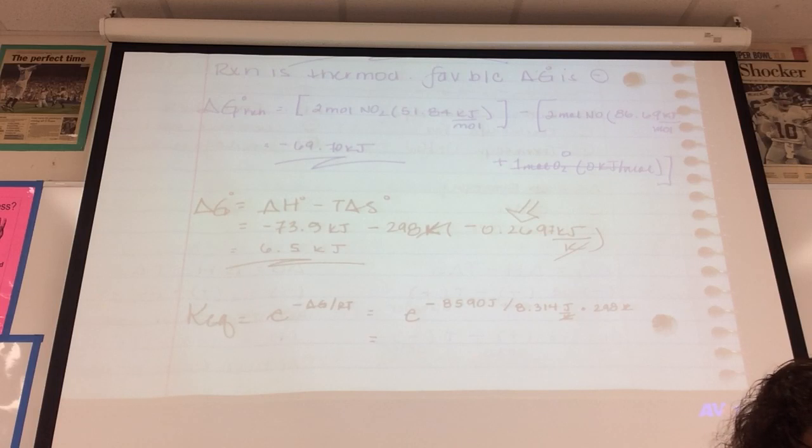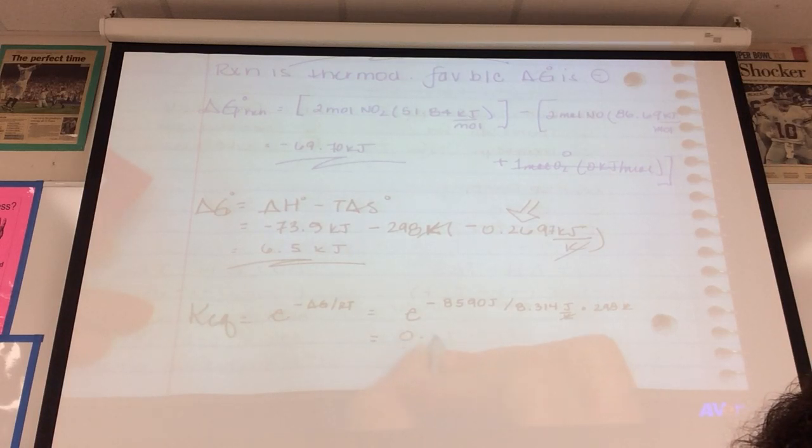That's what I got. It just looks funny. Usually you don't get things like that. But the delta G is pretty small, so that actually does make sense. Yeah, that's what I got.